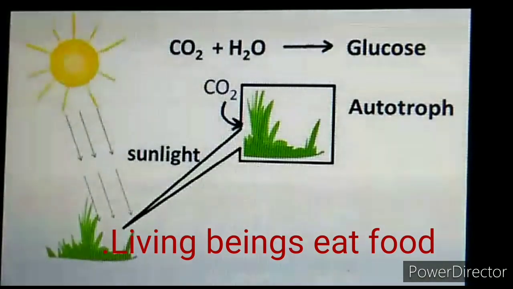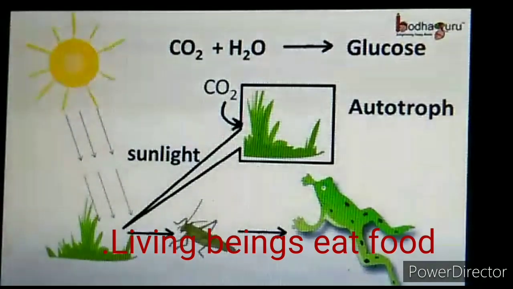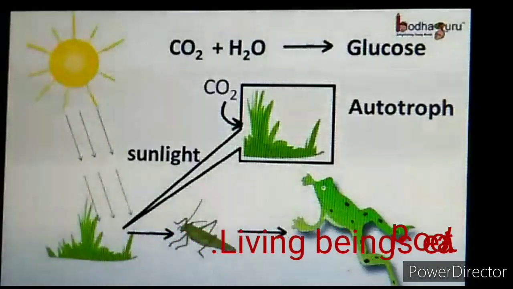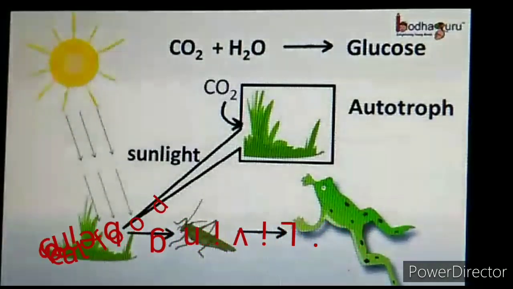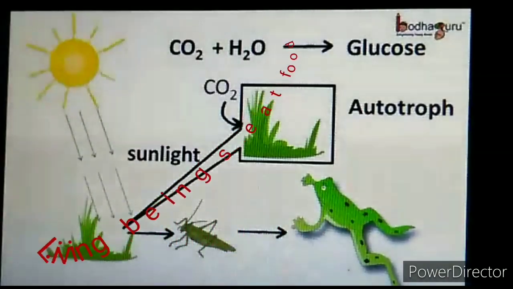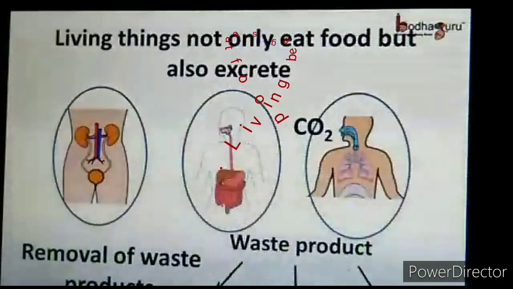Animals, including human beings, depend on plants directly or indirectly. Hence they are called heterotrophs. See in the picture, the frog depends on the grasshopper, and the grasshopper depends on the plant. Heterotrophs depend on others for food.